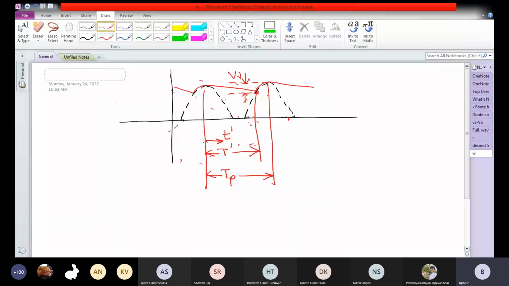VR, sorry, not V gamma, V ripple. So this is what is happening. So let us describe this by a simple mathematical equation, because we know the equation of the discharge path, which is this path.